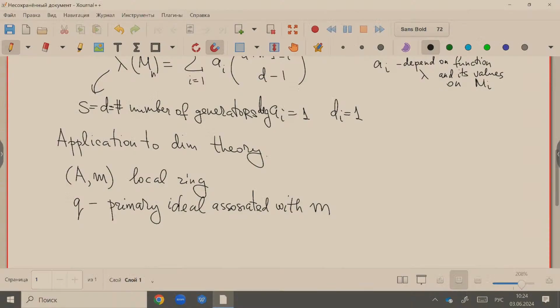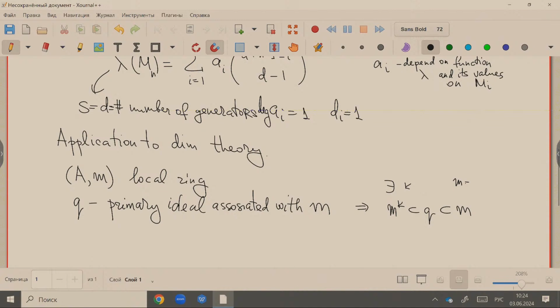We recall that M is the maximal ideal, and we have noticed that there exists K such that Q can be bounded. Of course M is the radical of Q, which is the radical of the annihilator.